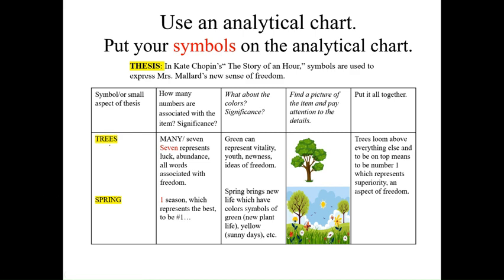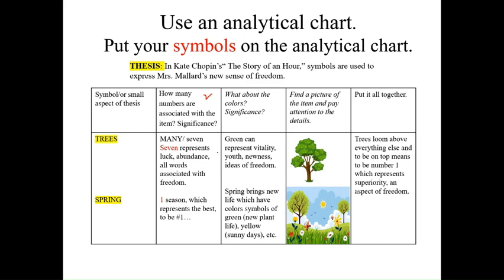So like we said before, one symbol is a tree. I think the quote says, many trees, right? If the text doesn't give you a specific number, if it says there are many trees, and it doesn't say there are four trees or one tree, then you can create your own number. Okay. So let's just say many could represent seven.